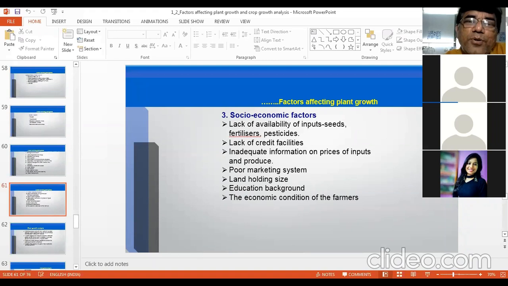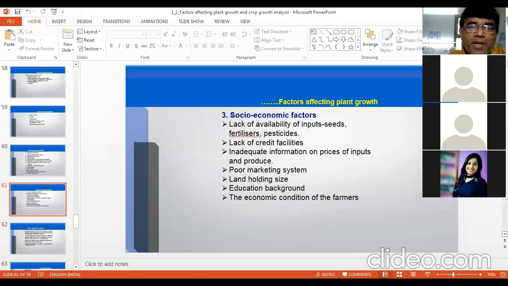So actually the growth of the plant varies because of these socio-economic factors. Some farmers can afford expensive inputs. Some cannot afford. Some farmers can afford credit facility. Some cannot. A poor marketing system is also there. So they will indirectly affect the growth of the crop.